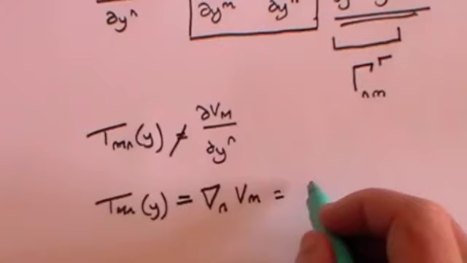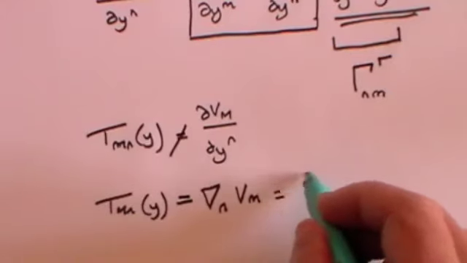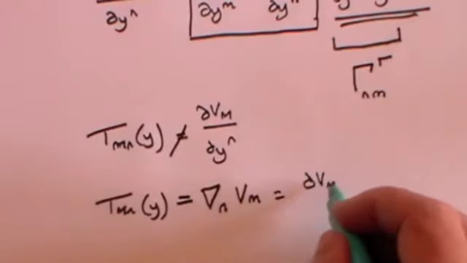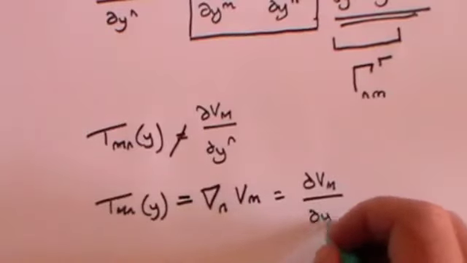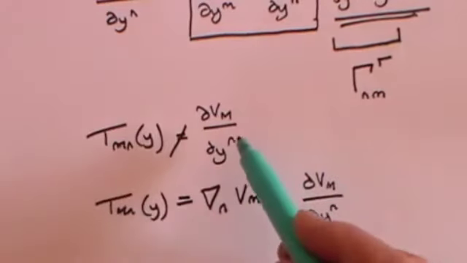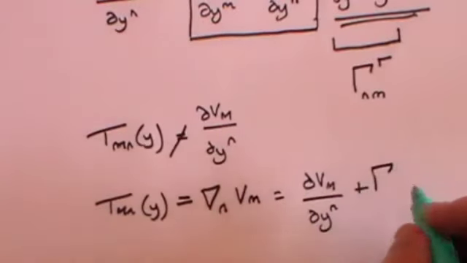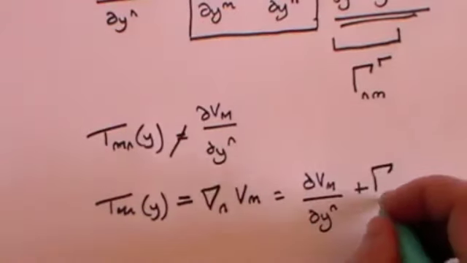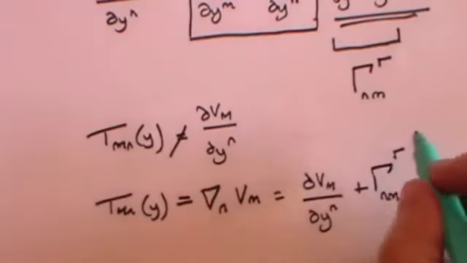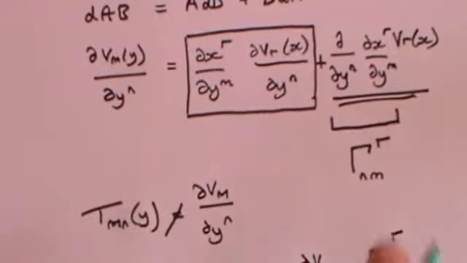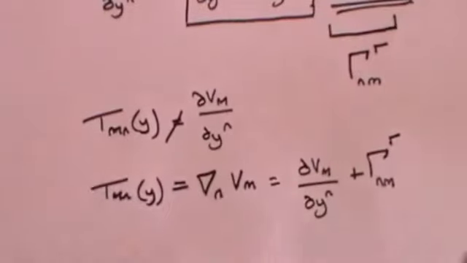Well, the covariant derivative is going to be the ordinary derivative, dVm by dyn, which is what we thought it was, but it wasn't, plus the Christoffel symbol, the correction term, multiplied by Vr in x.